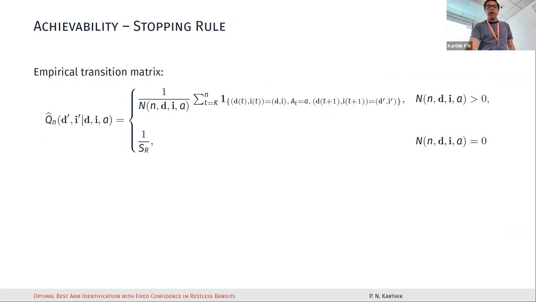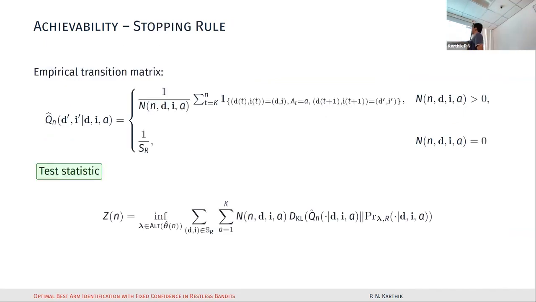How do I stop? So I build this particular test statistic based on the empirical transition kernel of the MDP. The MDP has a certain transition probability. I don't know the transition probability because it will depend on the theta. So you construct an empirical transition probability for the MDP and use that to construct a certain test statistic.